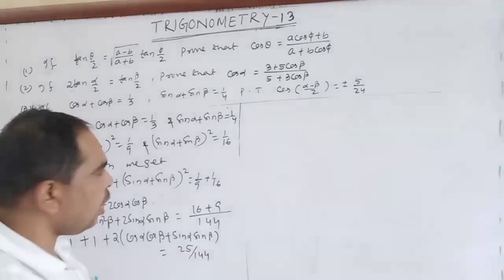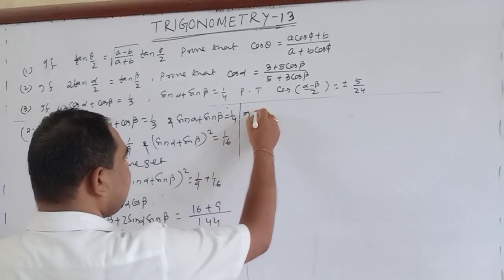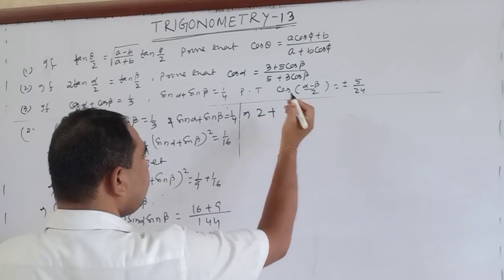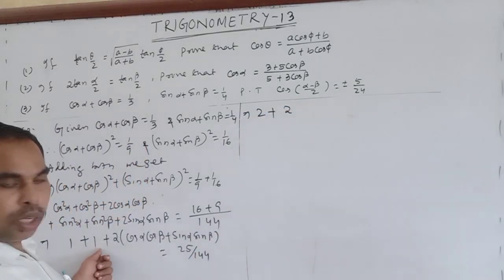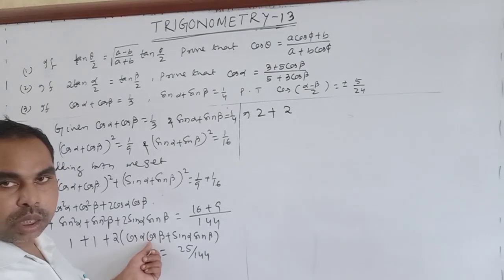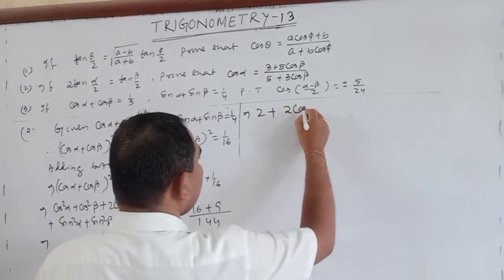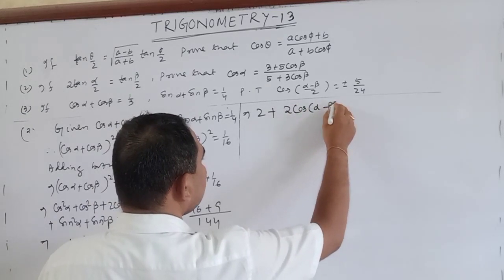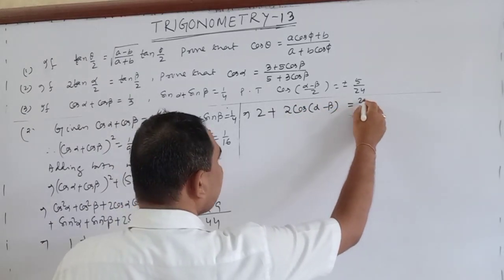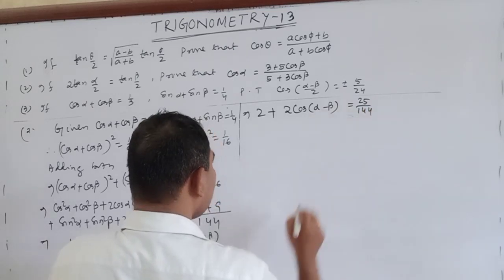So 2 plus 2 into (cos A cos B plus sin A sin B), which is cos of (A minus B), means cos of (alpha minus beta), is equal to 25 by 144.